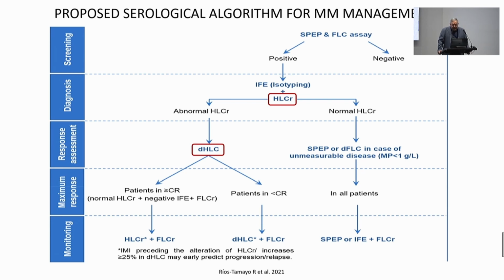In the diagnosis of multiple myeloma, we have immunofixation, but the Hevylite chain ratio is probably a better biomarker of monoclonality because the test has a better sensitivity. In the response management, in the monitoring of the patients, we can use the difference between both pairs, involved and uninvolved.